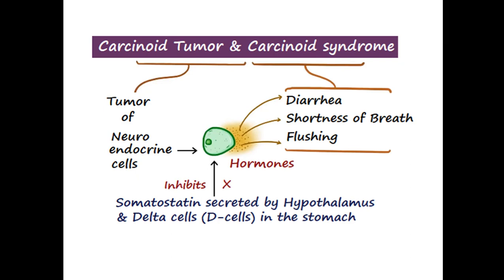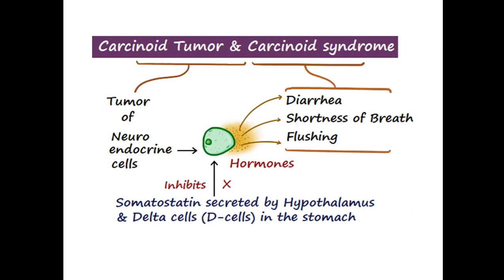And this increased blood flow appears in the form of flushing, which is redness due to increased blood flow, and that is particularly seen on the face and facial regions. So collectively these symptoms and effects, which are caused by the excess secretion of hormones by the malignant neuroendocrine cells, make up the carcinoid syndrome.